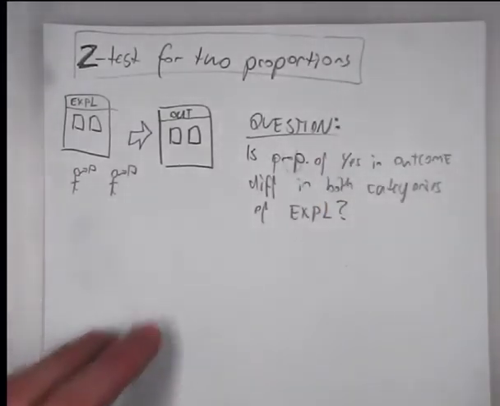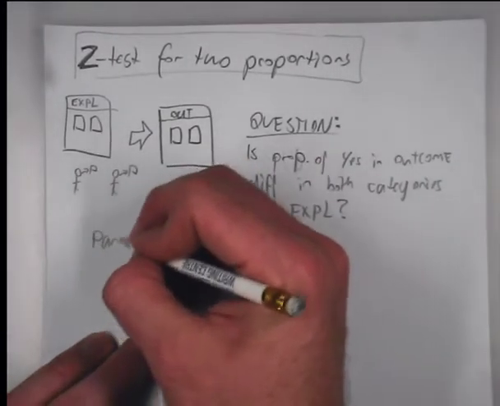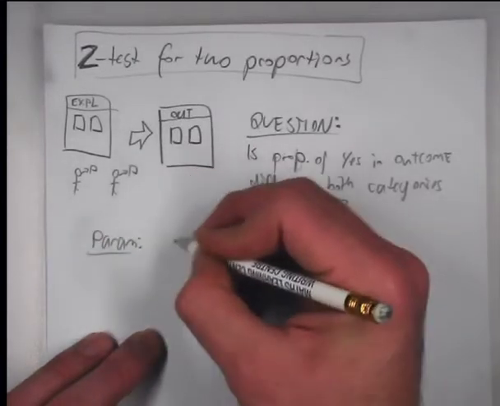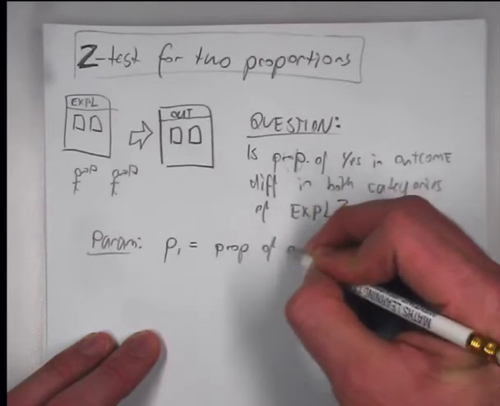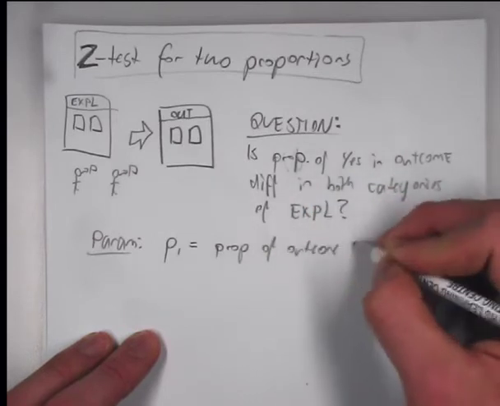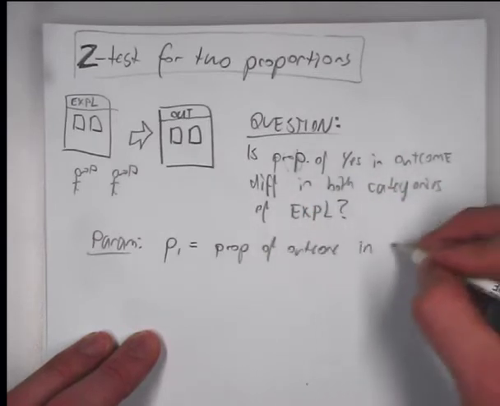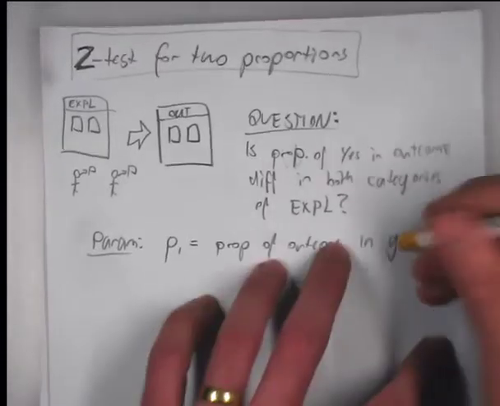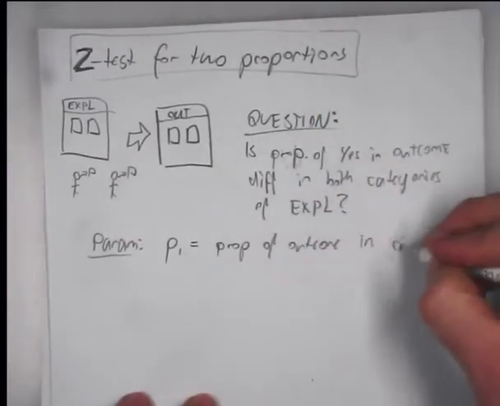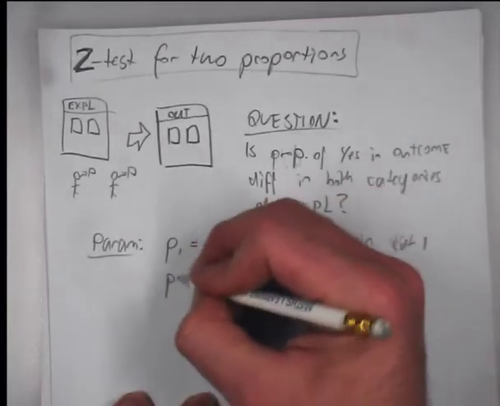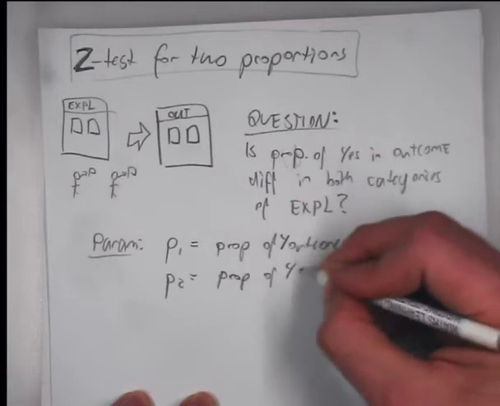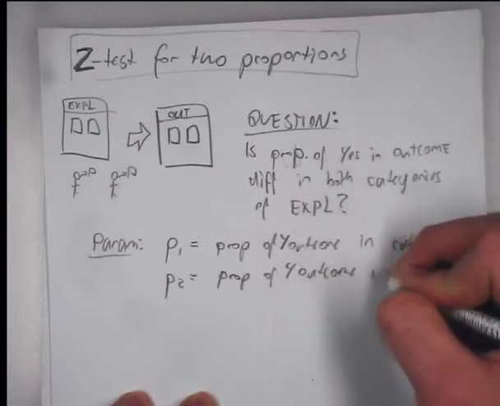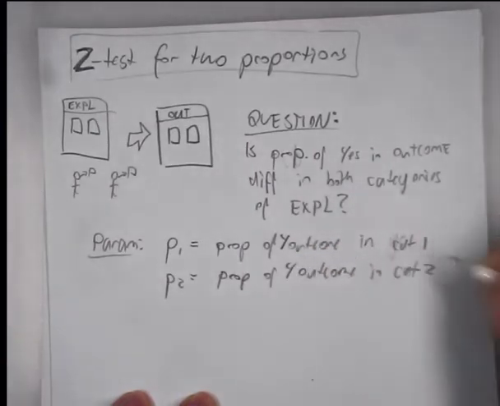And then you can say my parameters, P1 is proportion of yes outcome in group, category 1, and P2 is proportion of yes outcome in category 2.